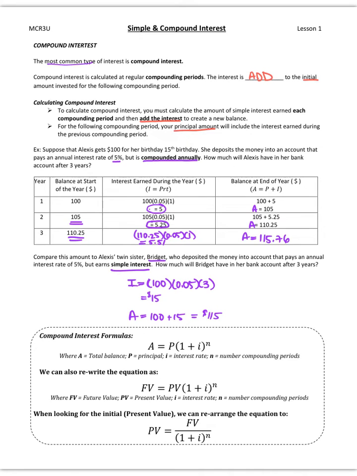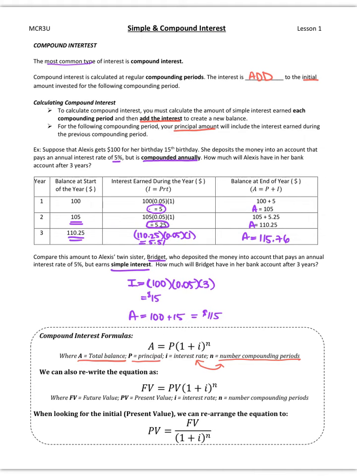Now let's take a look at the compound interest formula. To calculate the compound interest, it is A equals P times 1 plus I to the power of n, where A, like we saw before, is the total balance, P is the principal, but here we now use I to represent the interest rate rather than R, and n is that compounding period. So it's going to be the number of times it's being compounded within the same time period as I. Now, we can also rewrite this equation just using different variables.